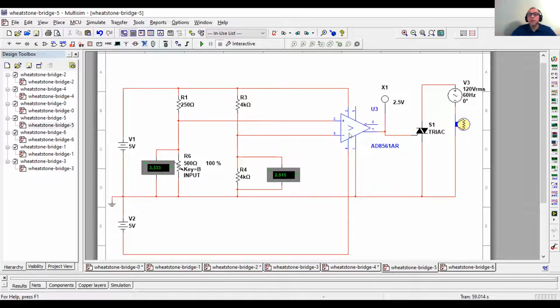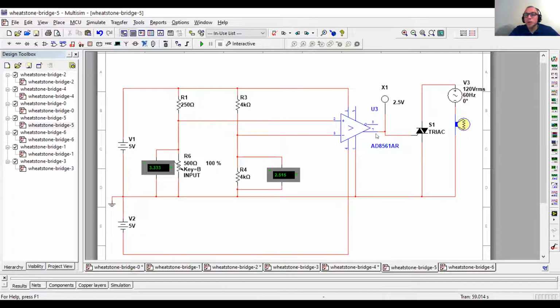Okay, so this comparator, you're going to learn more about those in electronics, and op amps. That comparator is going to take the inputs at the positive and negative input. And what it does is, if the positive input is greater than the negative input, it's going to put a 1 out on pin 7. If the negative input is greater than the positive input, then it'll put a 0 out, okay?